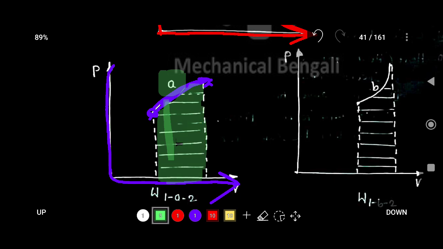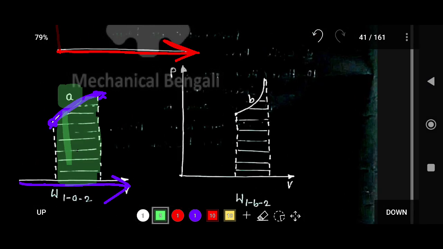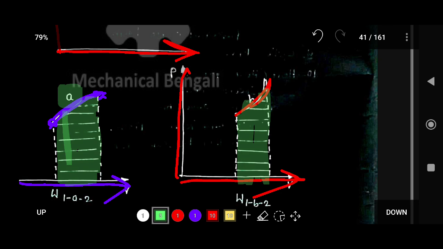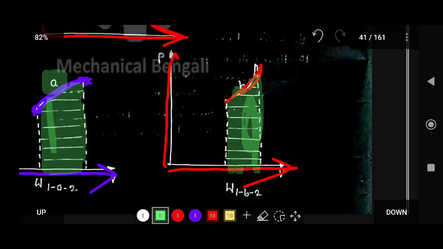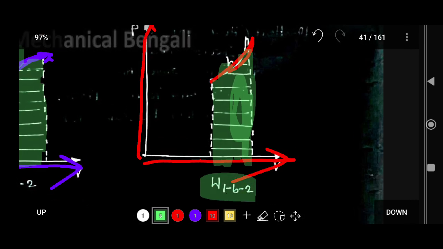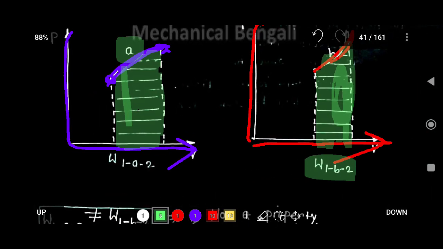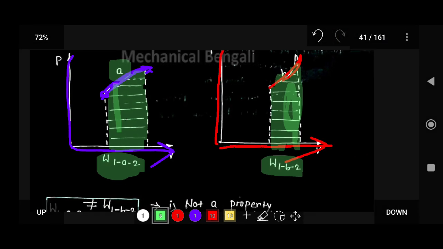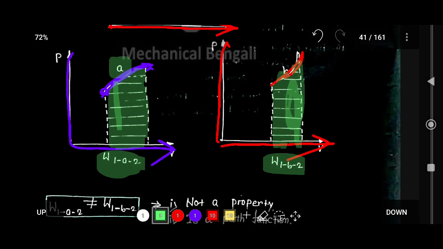For process B, this is the pressure axis and this is the volume axis, and this is process B. The area for work done in process B is W1B2, and for process A, the work done is W1A2. You can see that both areas are different.